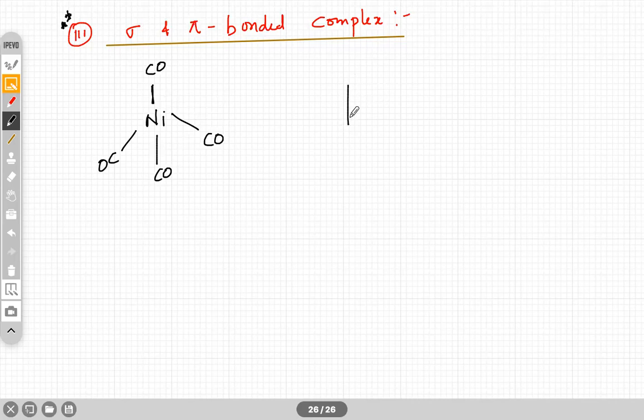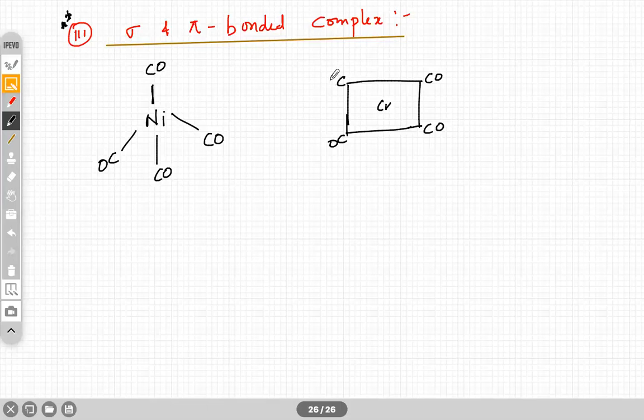Cr(CO)6, metal carbonyl compound. In this type of compound only the sigma and pi bonded complex we call it.